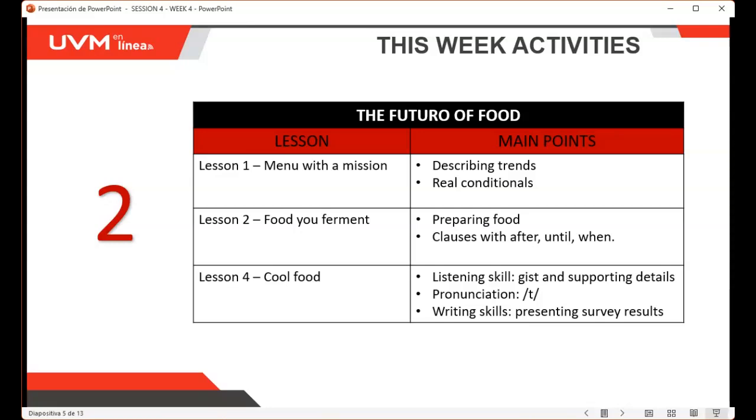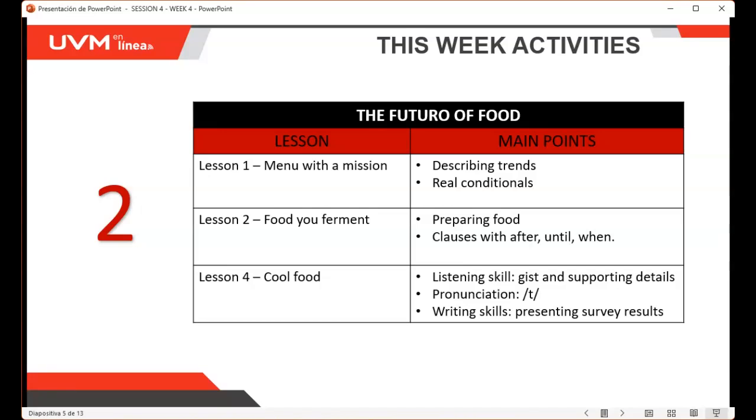And then in the second part, you learn how to structure a sentence that refers to the future using conjunctions such as after, until, and when. I also think this is a very important topic, because both real conditionals and clauses with after, until, and when have specific characteristics in terms of how to use the verbs inside those sentences, because we have specific combinations of verbs.